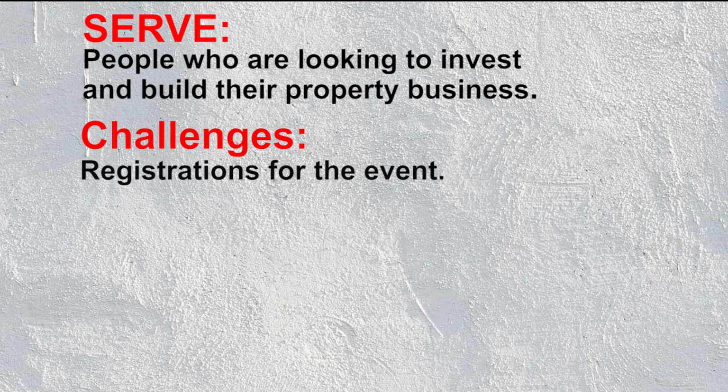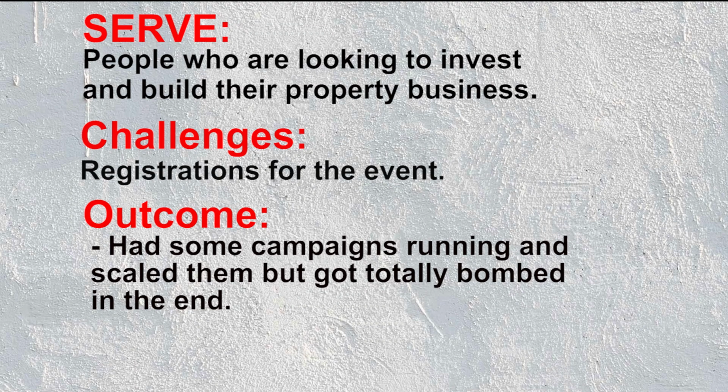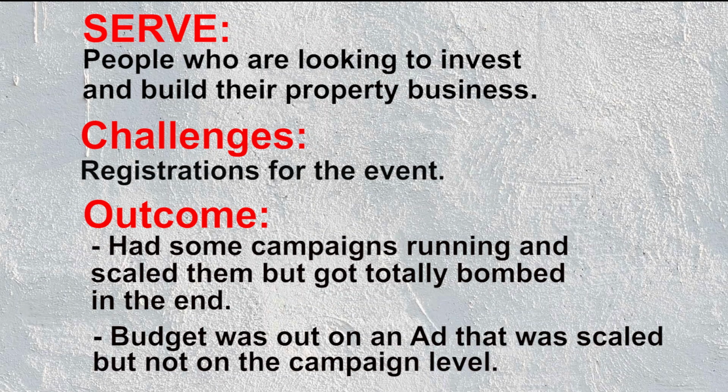And do you feel that the thing that you want to be able to do, the outcome, is it a traffic problem, is it an offer problem, or is it a funnel problem? I'm not 100% sure, but what we did have was we had some campaigns that were working. Then when we scaled them, it totally bombed. We realized we scaled it on a ad, like the budget was put on the ad, not on the campaign level.